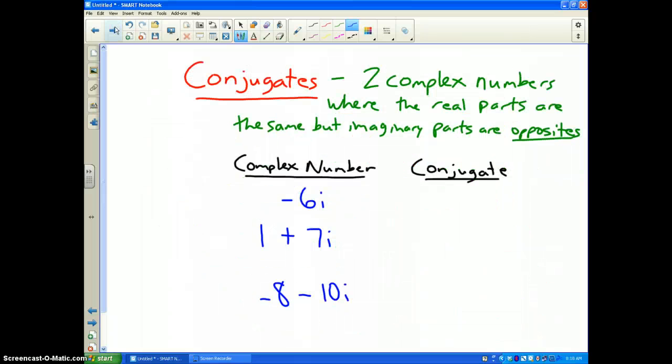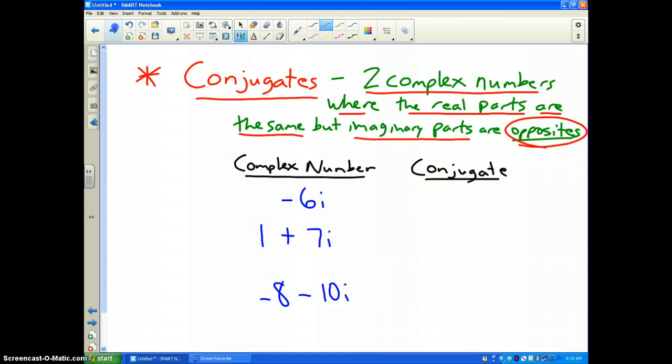Now let's talk division. In order to do division, there's a word that you need to know. It's called conjugates. Two complex numbers are conjugates where the real parts are exactly the same, but the imaginary parts are opposites. So for instance, I made a chart of complex numbers.